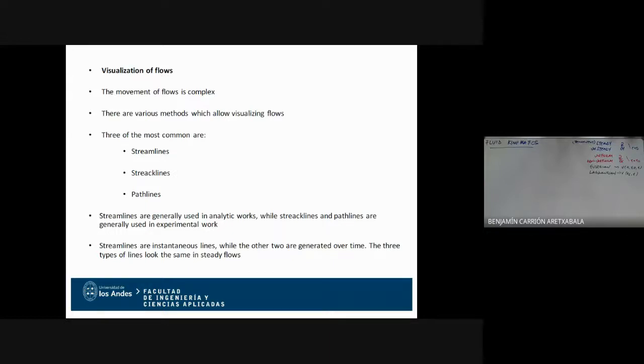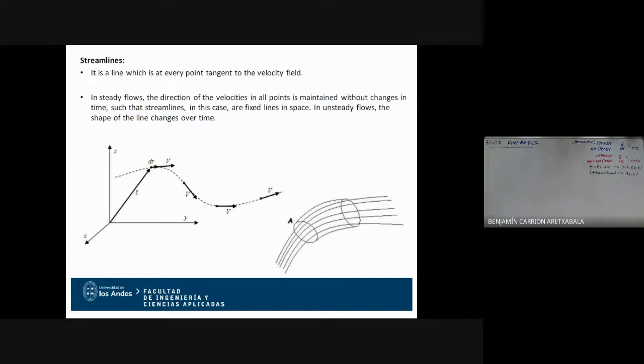Streamline again has to do with the mean flow. So a streamline, or línea de flujo, is the instantaneous line tangent to the flow. Let me move to the next slide. Let's say you have a parcel of fluid at one point, you know its location and its velocity, and you want to integrate the trajectory of that particle.